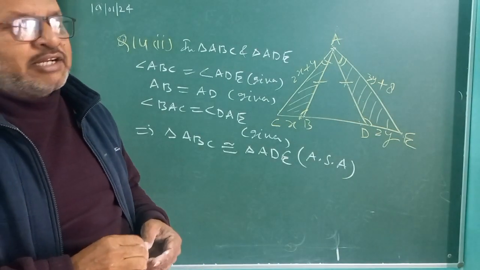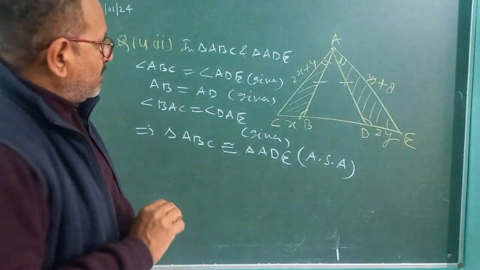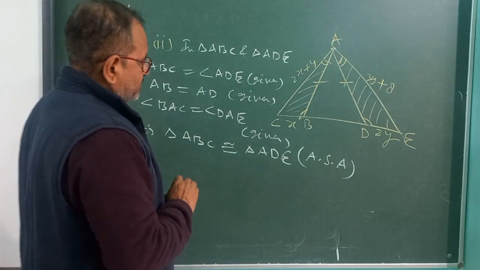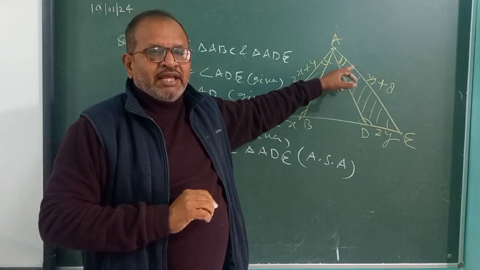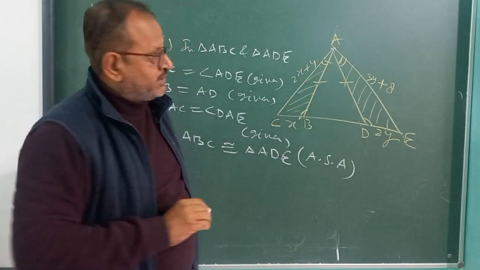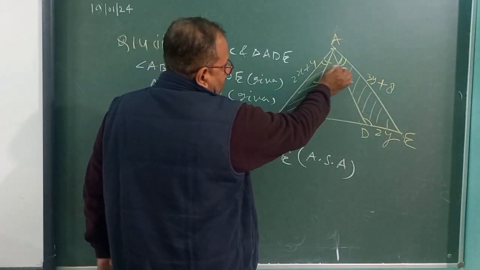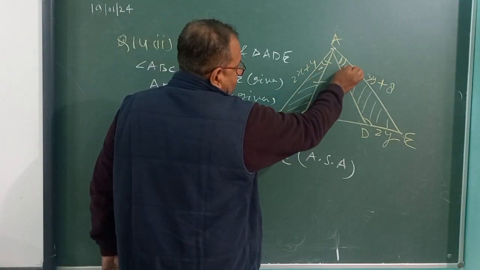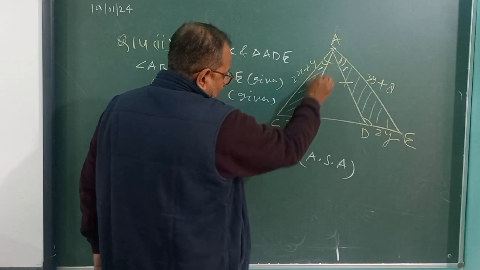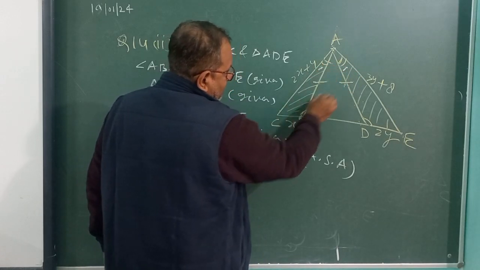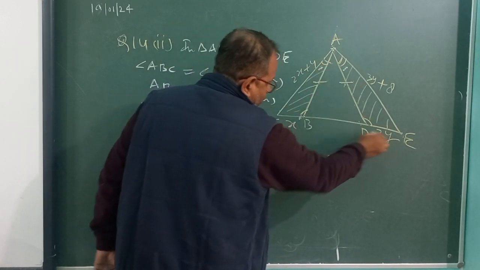After that we will write the corresponding parts equal. So how can we see the corresponding parts? The sides opposite to equal angles are called corresponding sides. You can see in the figure these two angles are equal. Their opposite side here is x, and in the next triangle the opposite side is 2y.